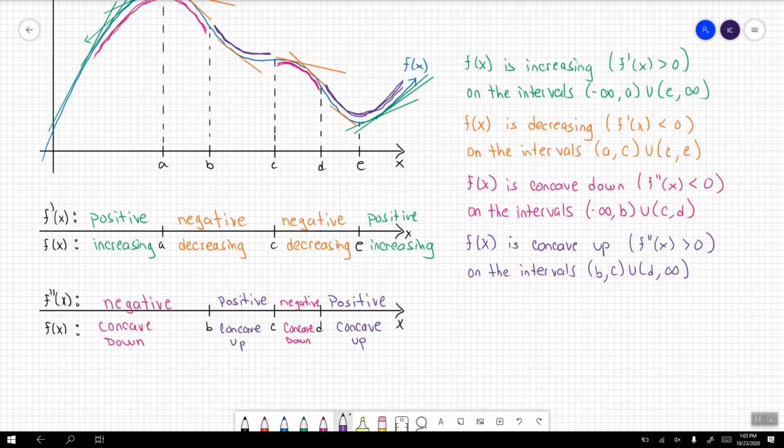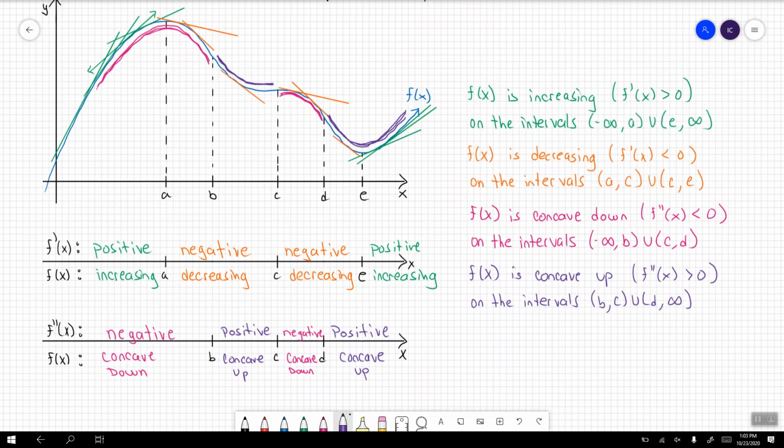These inflection points are the points where the concavity switches direction.